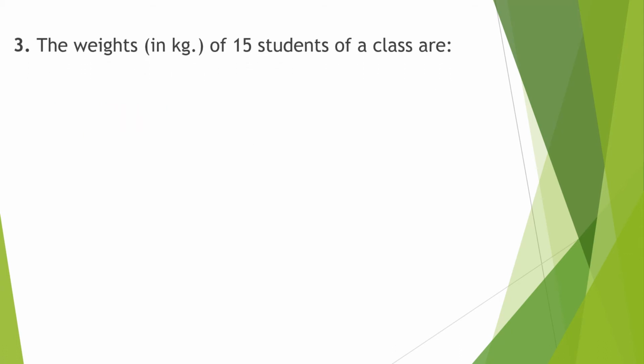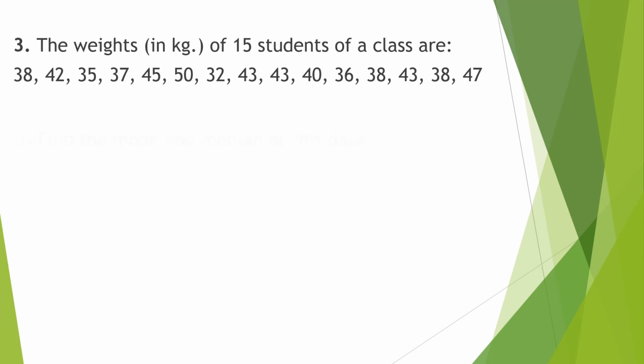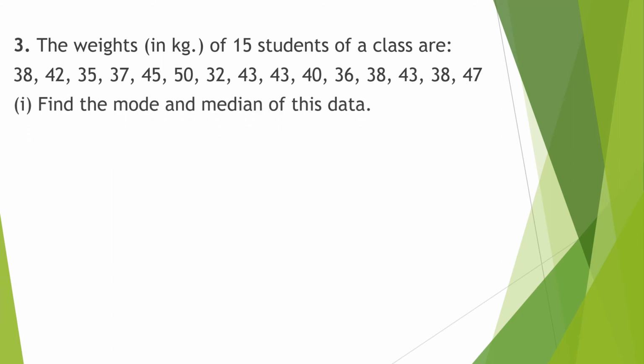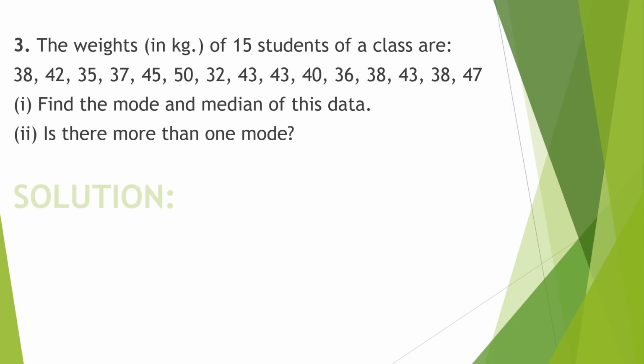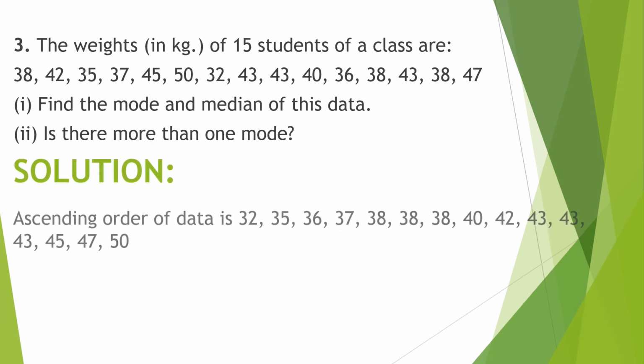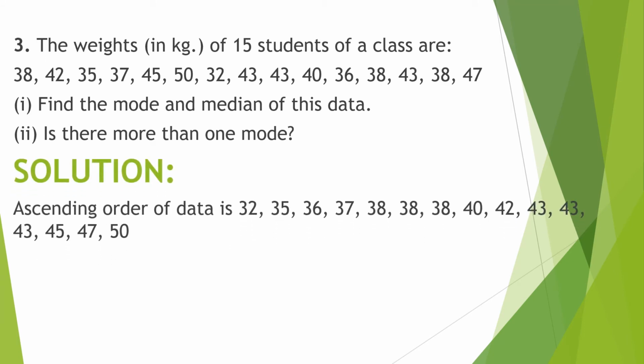Next, question number 3. The weights in kilograms of 15 students of a class are given. Find the mode and median of this data. First we arrange the given data in ascending order. The data is written in ascending order.